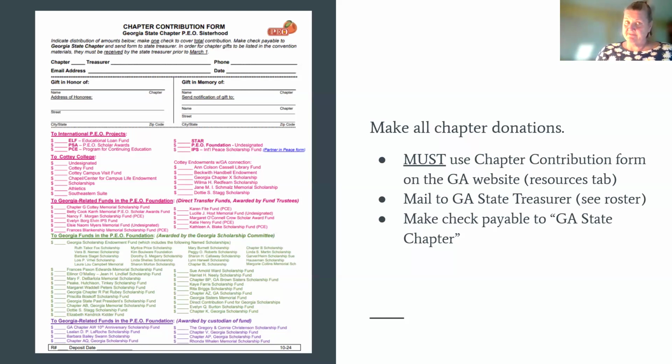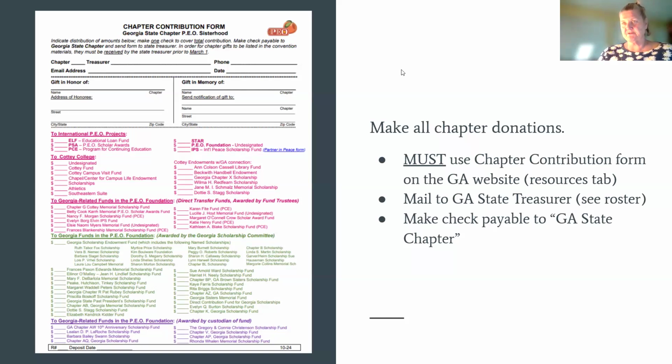Now, another question I have gotten this year is, well, we have a donor who wants to give $10,000 to our chapter to give to STAR. Will they get a tax deduction? No. Any money that is put on this chapter contribution form is not tax deductible. If they want the tax deduction, they will have to go to the international website, or you could provide the individual contribution form.